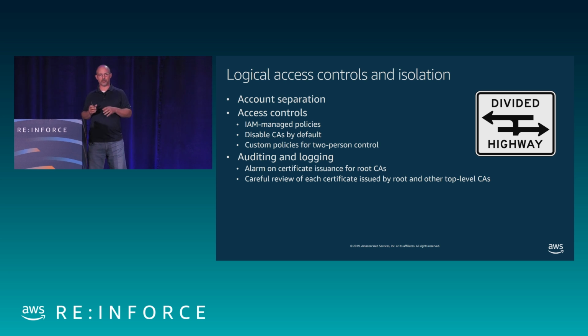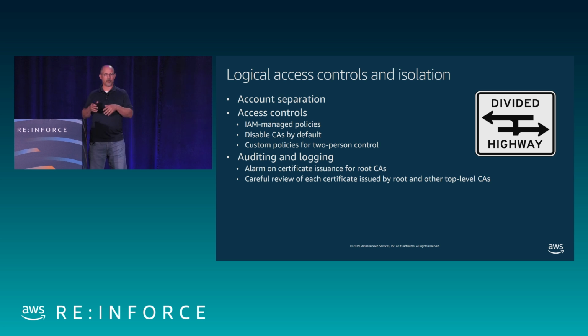This allows you to strictly limit access to the account where the root CA lives so that only certain people, only certain groups, have access to that account. You can have less restrictive policies for subordinate issuing CAs that allow your developers to issue certificates or the users of your certificates to have access to the subordinates, but they don't even have access to the AWS account where the root or top-level intermediates live.